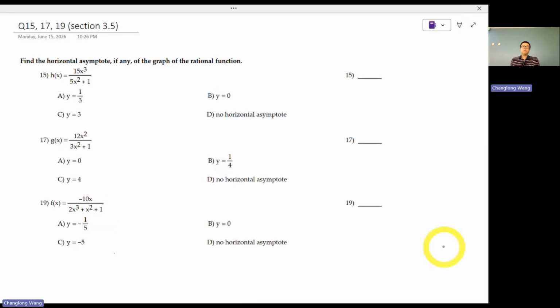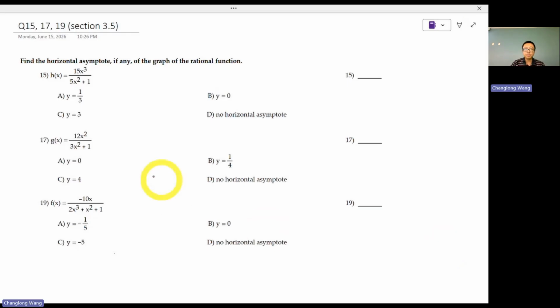Now, questions 15, 17, 19, including the corresponding even number questions, they're asking for the horizontal asymptotes. Okay. The way that we discussed finding the horizontal asymptotes is looking at the behavior of the function once you drop the non-leading terms, right?